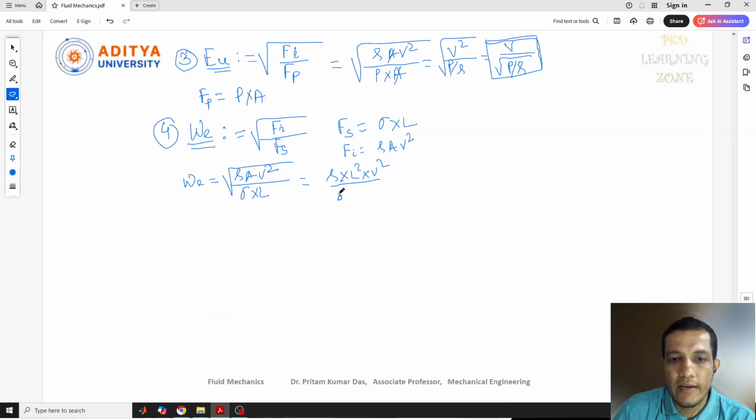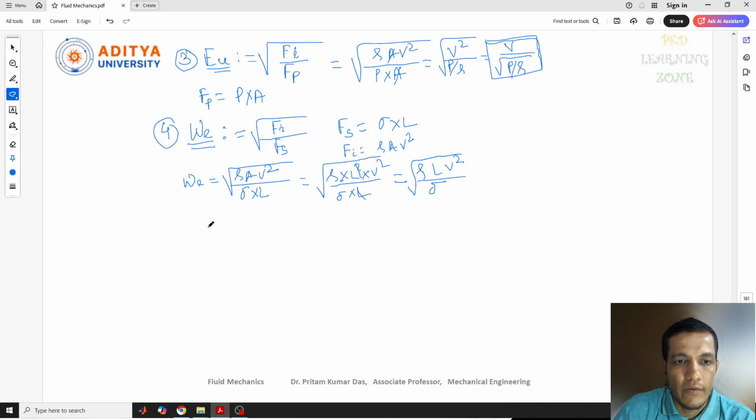Similarly, sigma into L, let's keep it, and root over of this. Now one L will be cancelled, so the remaining will be rho L v square divided by sigma, root over.